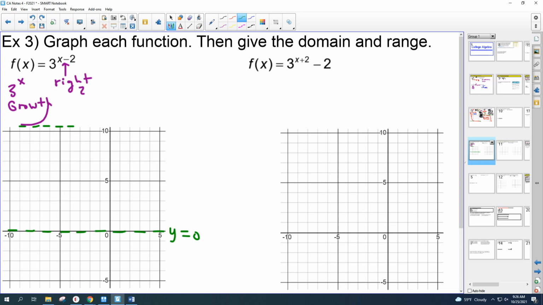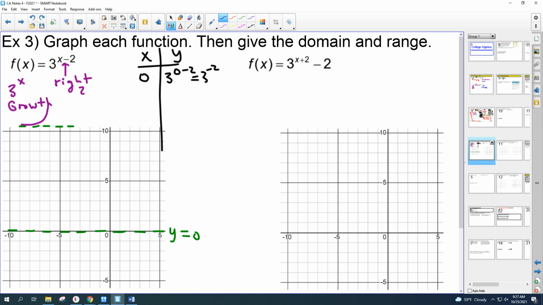But now we need to come up with some points. And so I don't know how many points you need. I've been doing like 3 or 4 or 5. It's just as many as you need to be able to draw a good graph. So this time, if you pick 0, that may not be the best number to pick, because it's not 3 to the 0, it's 3 to the 0 minus 2.